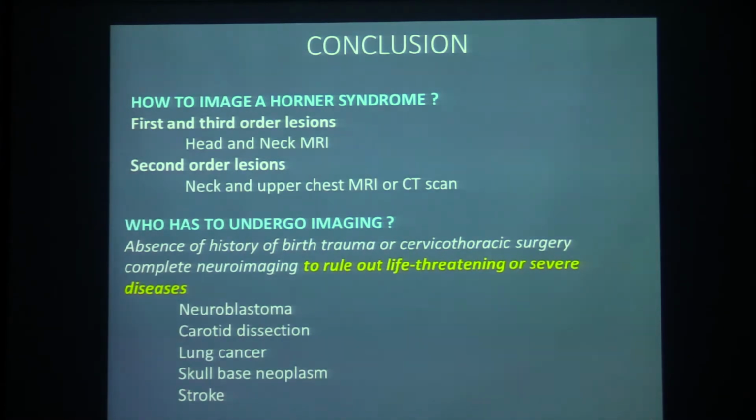Often it's normal, but sometimes you'll find a neuroblastoma in the kids, carotid dissection, lung cancer, skull bone neoplasm, or stroke. And so Horner syndrome is not a light disease, it is a heavy disease, and when you have to study it, don't refuse the patient because sometimes it can save his life. Thank you very much.